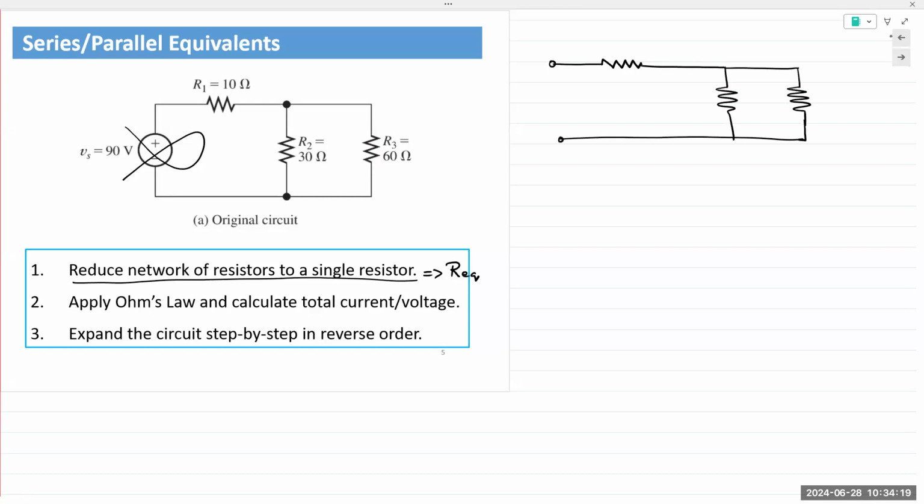So this is R1, R2, and R3. Again, the first step to determine Req is to remove the source from the circuit and measure Req, the total equivalent resistance, between those terminals. It is also stated as finding the total equivalent resistance, Req, as seen by the source.